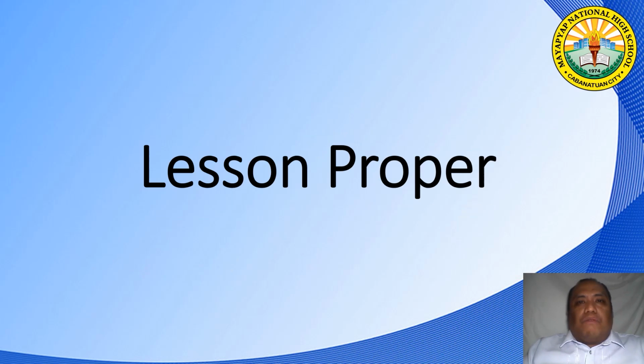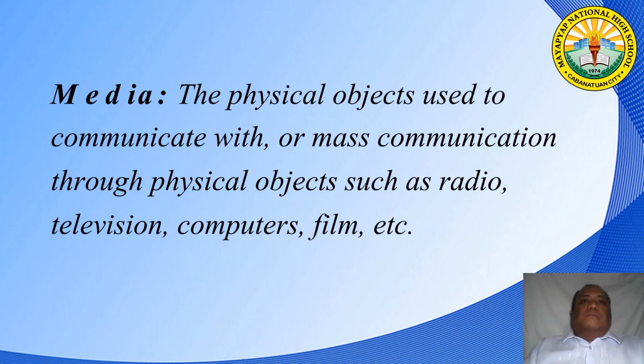So let us know more about media and information literacy. Fasten your seatbelts. Here we go. First, let us define media. Media is the physical objects used to communicate with, or mass communication through physical objects such as radio, television, computers, film, and so on and so forth.